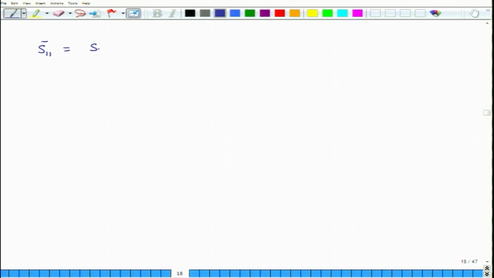So, S11 bar is equal to S11 times cosine to the 4th plus S22 times sine to the 4th plus 2 times (S12 plus S66) times sine square theta cosine square theta. Okay.